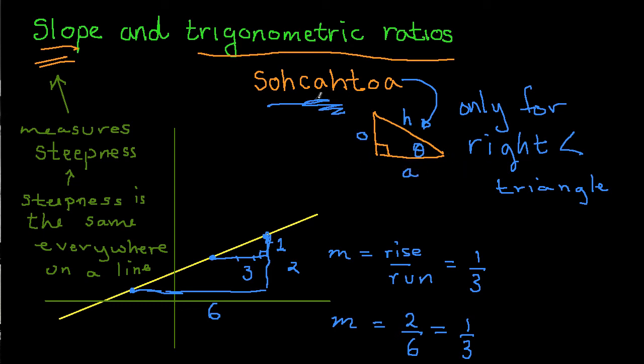Okay, and let's look at TOA because that's the one we're really thinking about right now. TOA means that if you take the tan of this angle here, it gives you the ratio of the opposite over the adjacent.